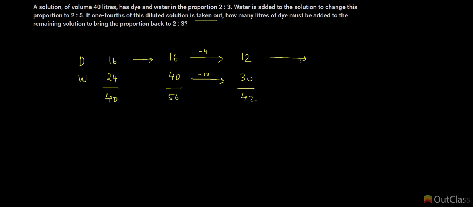Dye is being added, water is remaining the same, so it's 30 and something, but that's in the ratio 2:3, so that something has to be 20, which means 8 liters has to be added. The final answer is 8. What concepts are we using? All we need is direct proportion, nothing else.